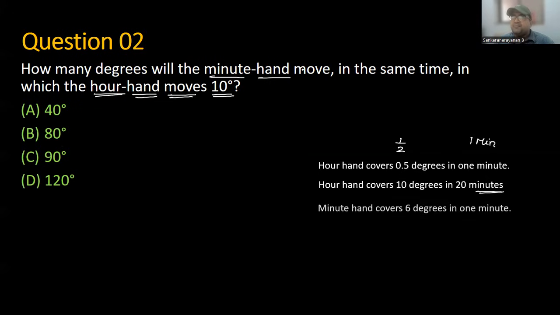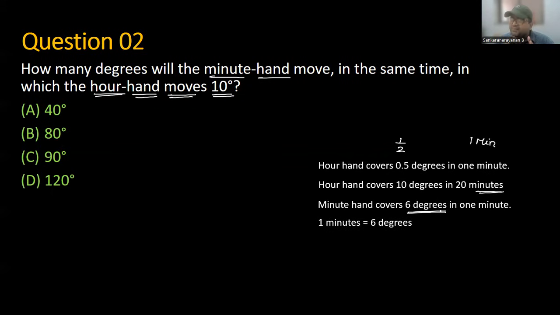We know that the minute hand in every minute covers 6 degrees. But we are dealing with a 20 minute span of time. In 1 minute, the minute hand covers 6 degrees. Therefore, in 20 minutes, proportionately 6 into 20, the minute hand will cover 120 degrees.